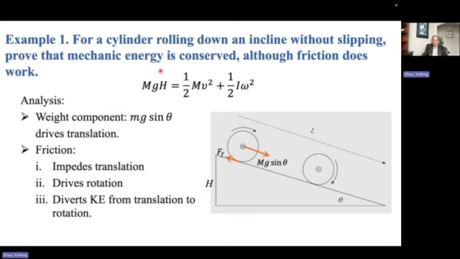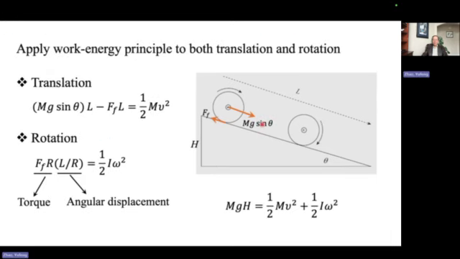So let's now prove the mechanical energy conservation for this problem. First, you apply the work-energy principle to both translational and rotational motion. For the translational motion, the work done by the component of the weight is positive. And the work by the friction is negative.